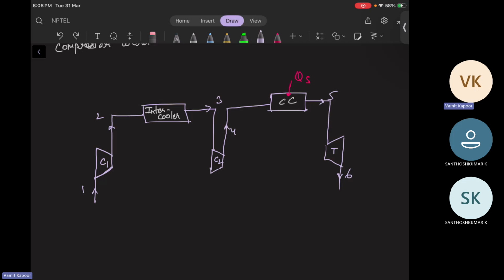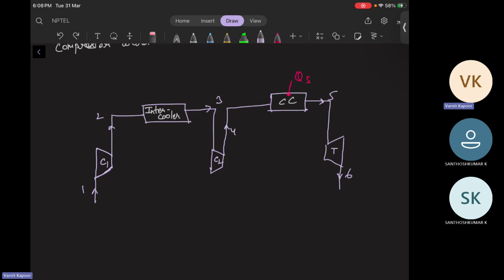Okay. So what we are doing is decreasing the temperature of the compressor 1 outlet at the same pressure. Then we are again increasing the pressure by passing it through compressor 2, then providing the heat in the combustion chamber and finally passing it through a turbine where we get the work output.